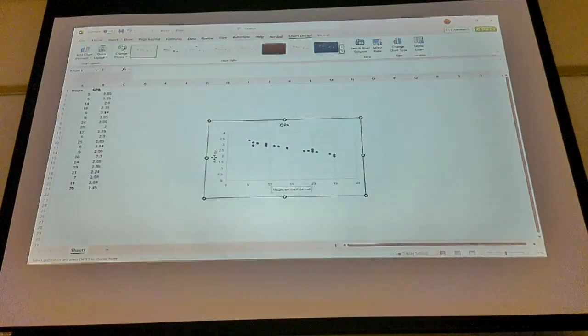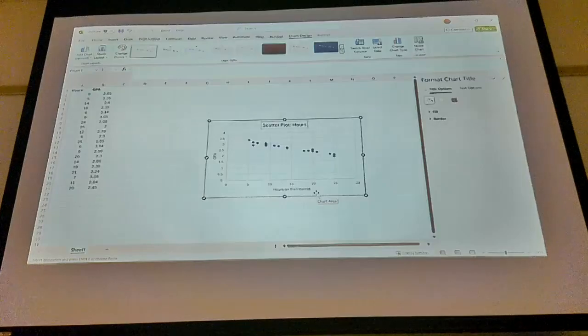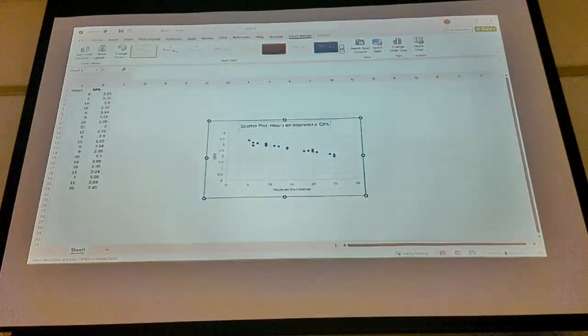Hours on the internet versus GPA. And then let's adjust. Actually, you can just double check something.